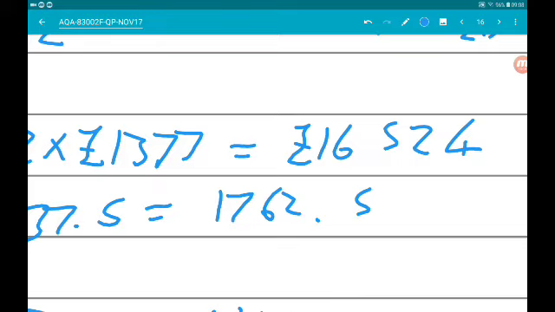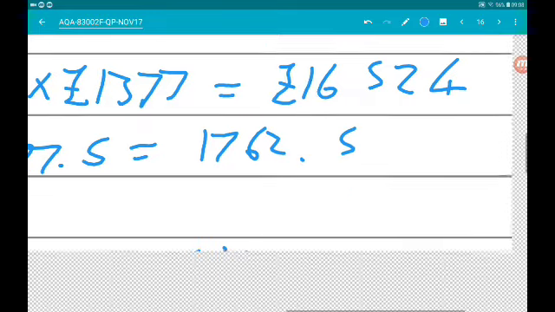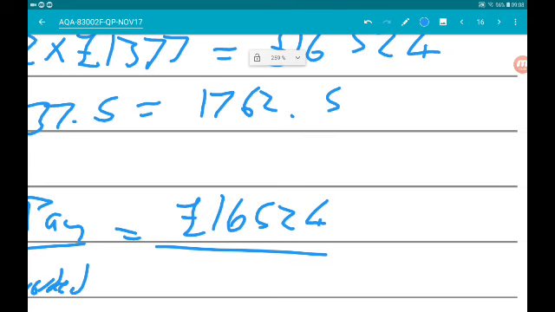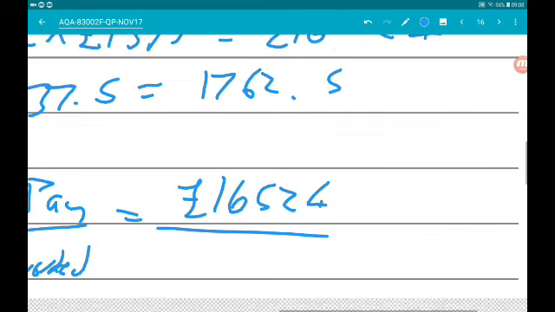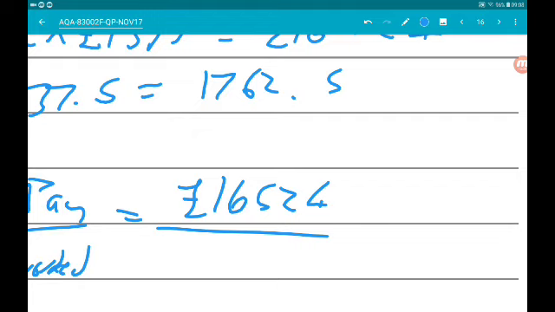Okay, so now to find this average pay, what we are going to do is total pay divided by 1762.5. So, see what we get.